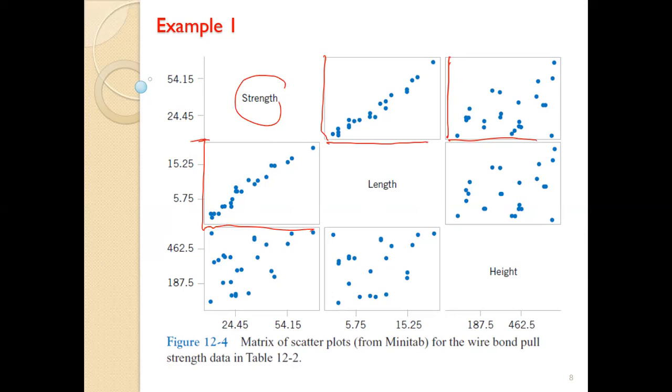Length against height shows no pattern either. Height on the y-axis and strength on the x-axis also show no pattern. We can see the variability of the die height and the wire length with respect to strength.